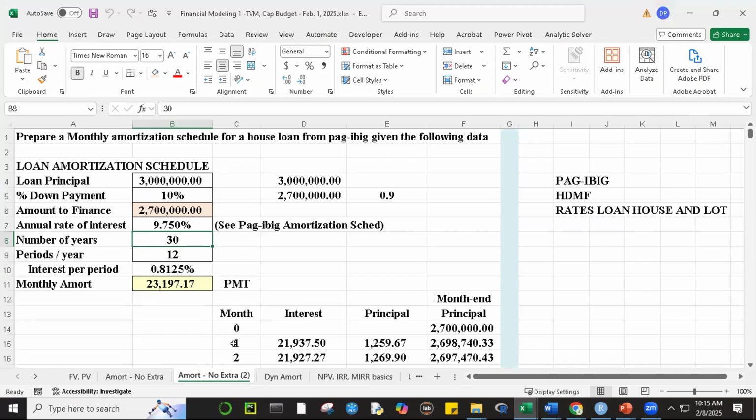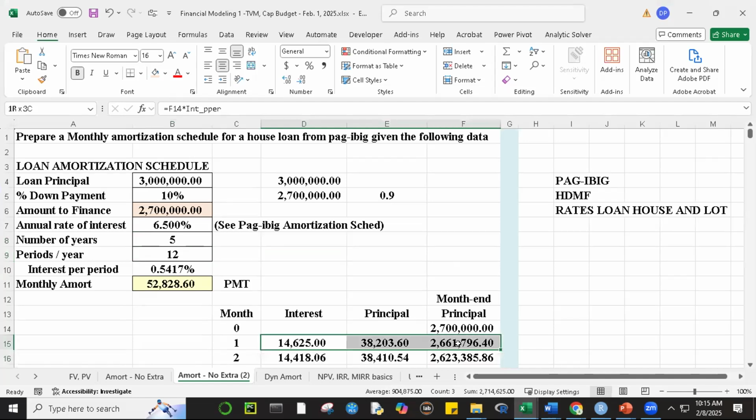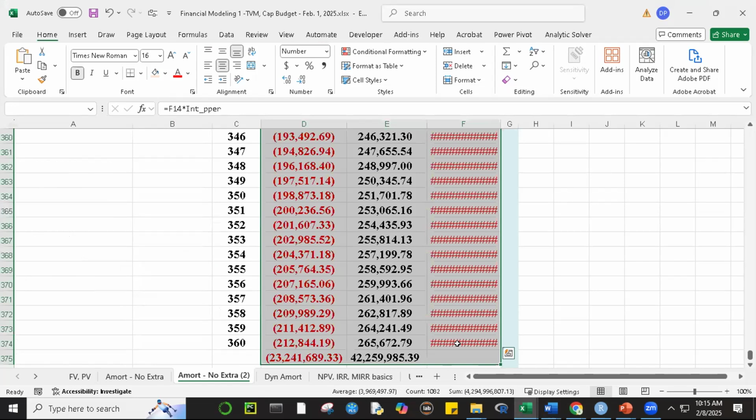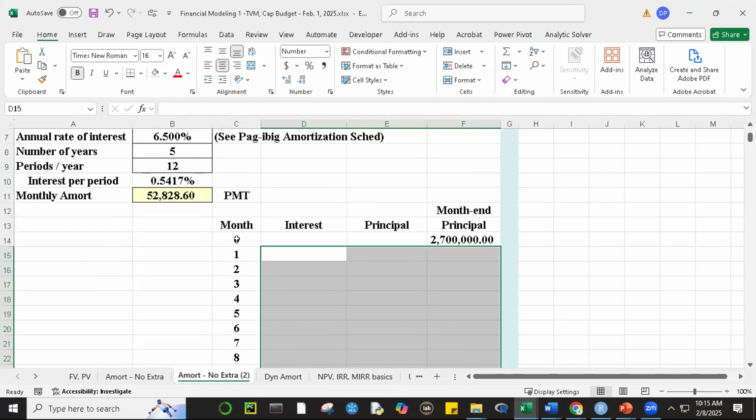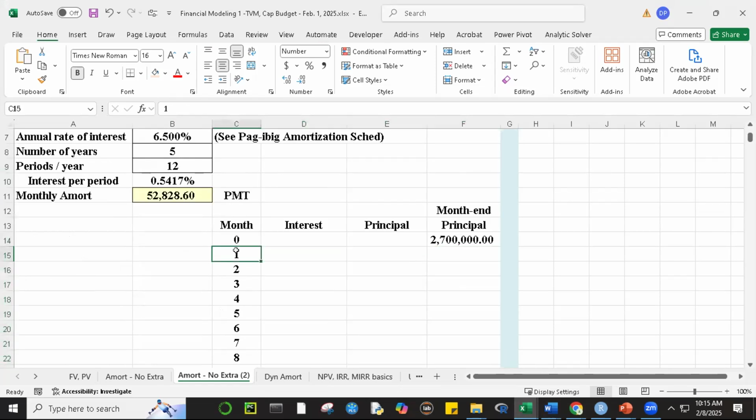Okay, I created a new copy here. The interest is 6.5, right? Lower interest. This is just 5 years. Okay, so for this one, let me delete this. Let me also delete this.